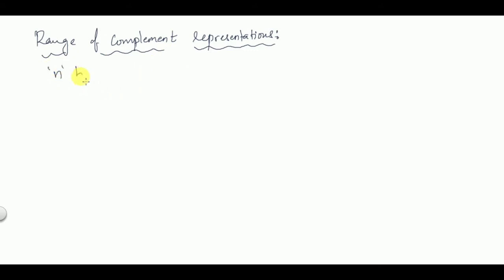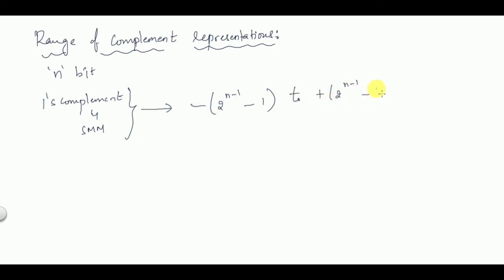For an n bit number, for 1's complement and SMM, the range of representation is minus 2 power n minus 1 minus 1 to plus 2 power n minus 1 minus 1.